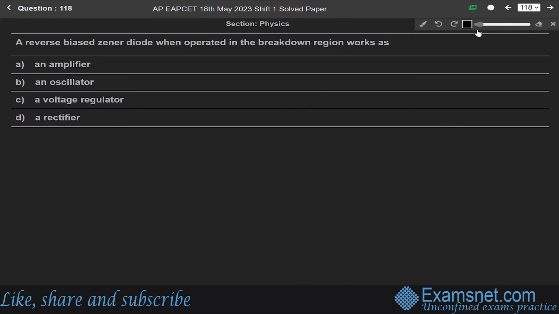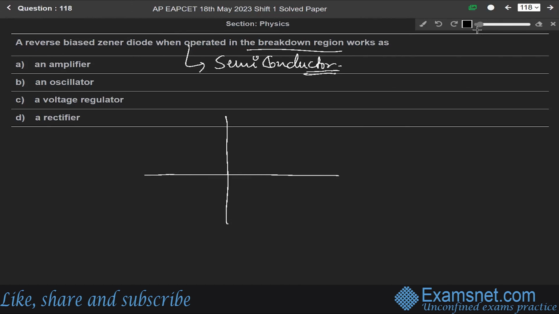Now next question 118. A reverse biased Zener diode when operated in breakdown region works as. This question is from the chapter of semiconductors. It is asking about the Zener diode breakdown region. So the Zener diode breakdown region looks something like this.